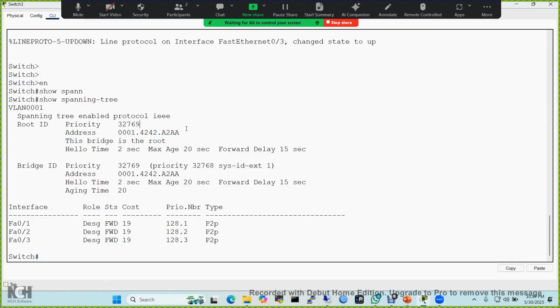It is the lowest MAC address of this switch network. Now my question is, you will change the root switch from this switch to the top switch. Okay. I will do that.